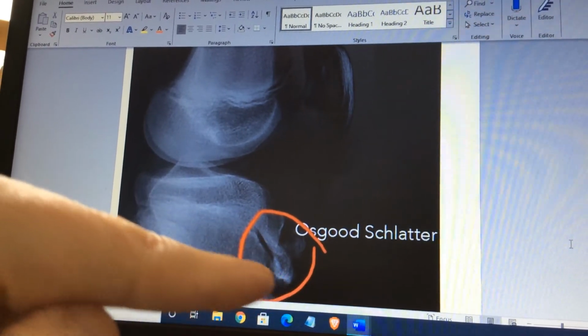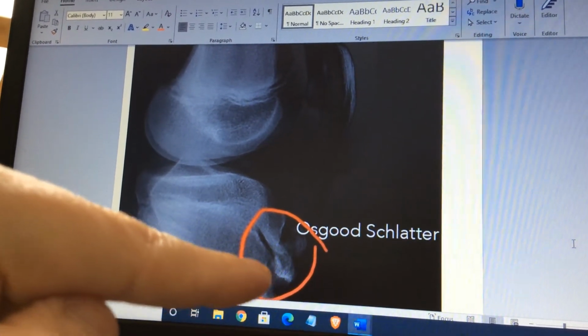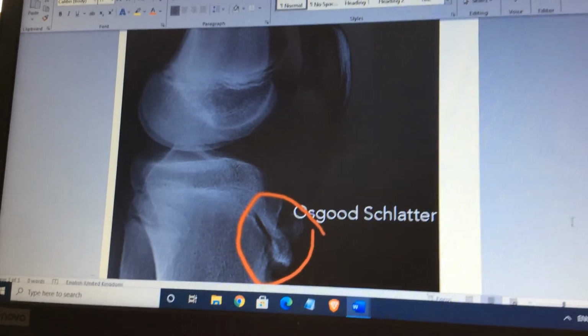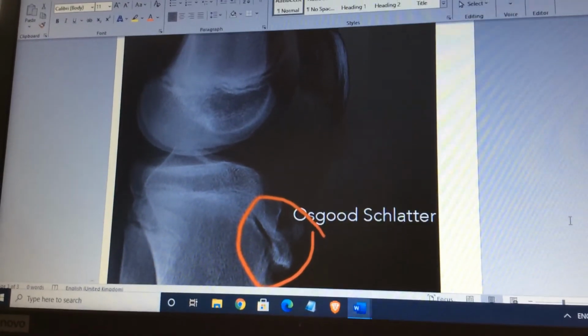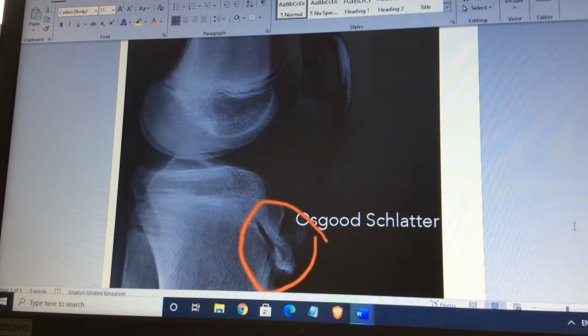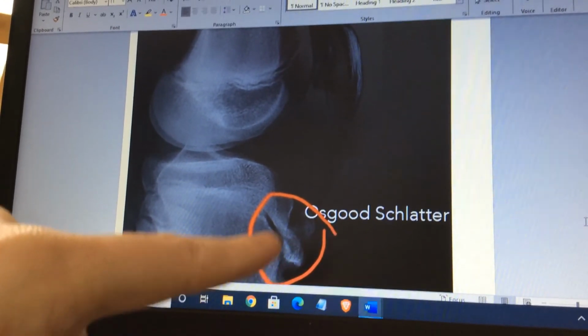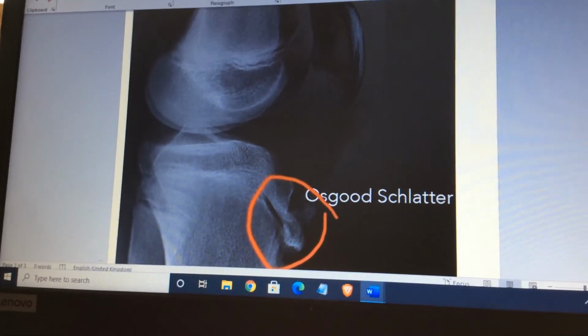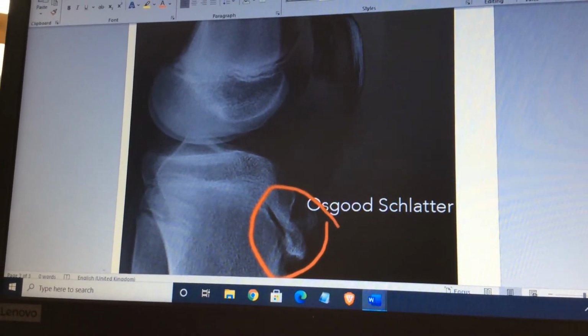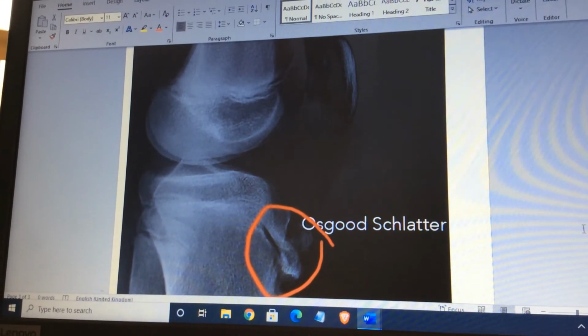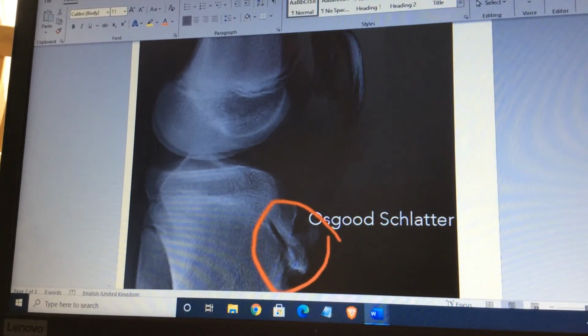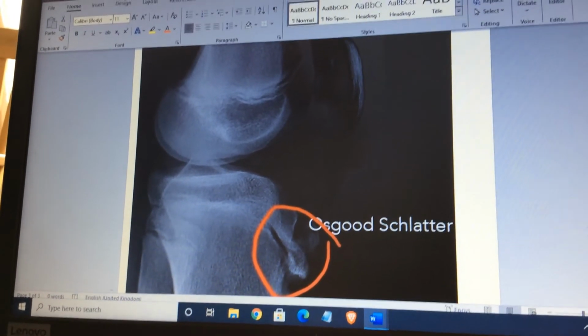You can see this lump of bone that we're talking about that's caused by that inflammation. And that's the little lump that we saw on that first picture that I showed you, and that is the best sign of Osgood Schlatters that you're likely to see in a client.